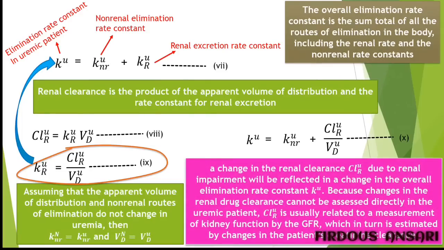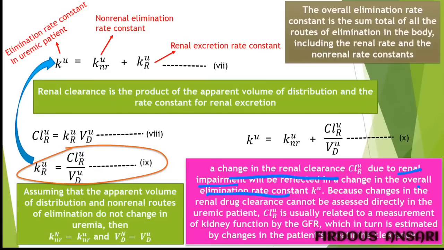A change in renal clearance due to renal impairment will be reflected in a change in the overall elimination rate constant. So this statement says a lot. It means whenever there is a renal impairment, it will cause changes in renal clearance and thereby it will affect the overall elimination rate constant.